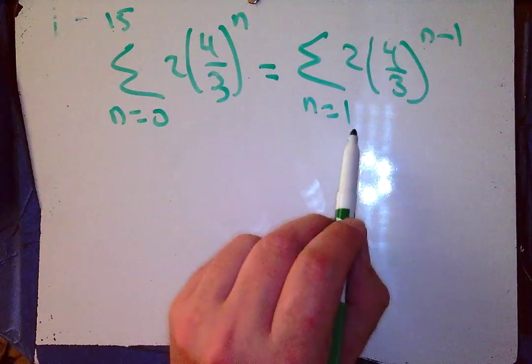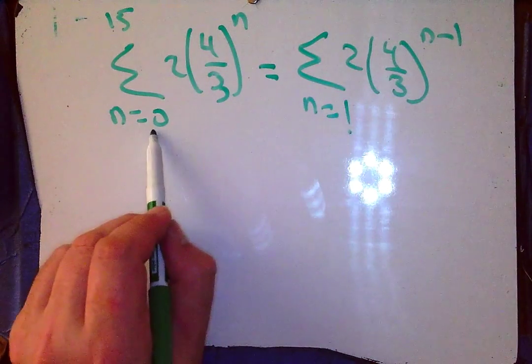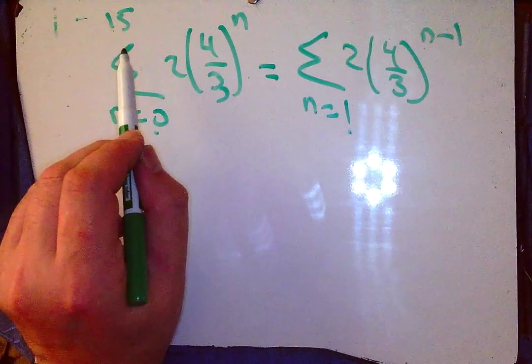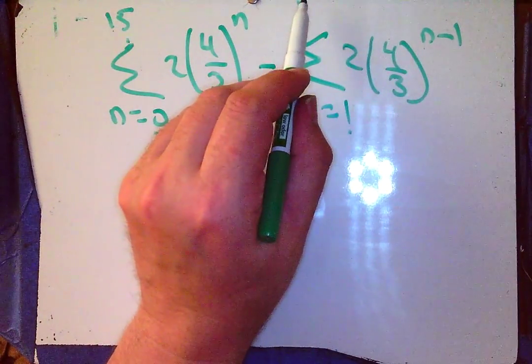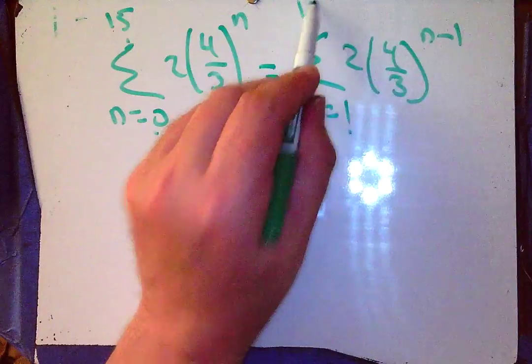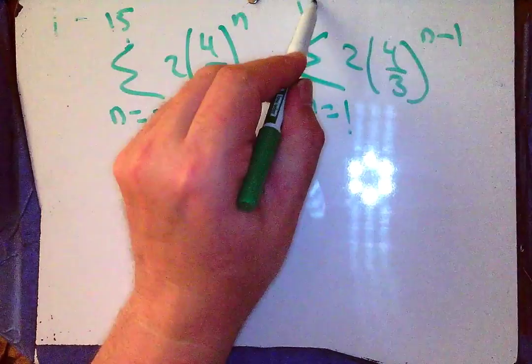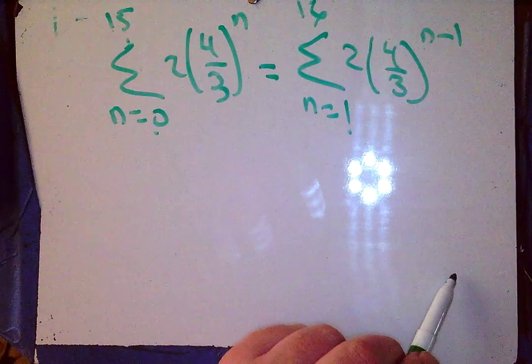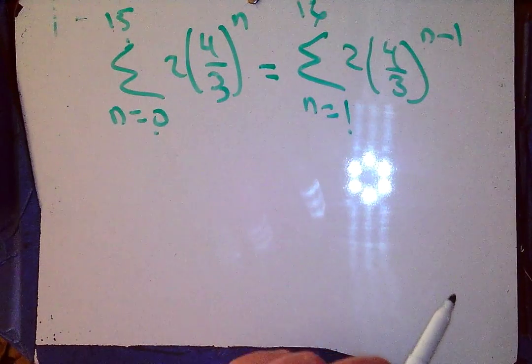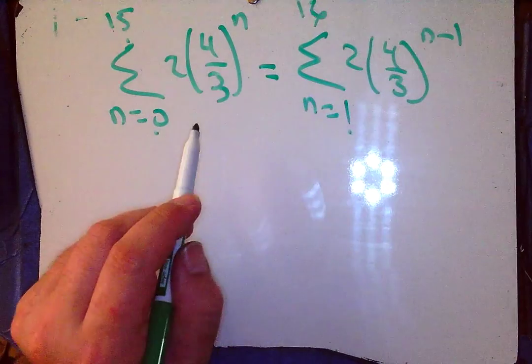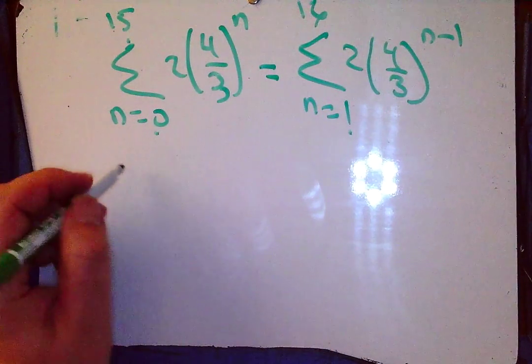But if this becomes 1, we added 1 to this, so we want to add 1 to this and get 16.